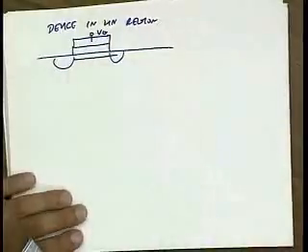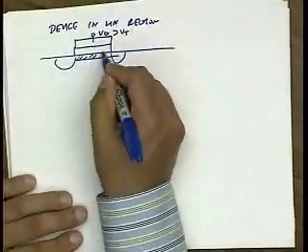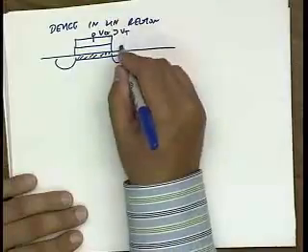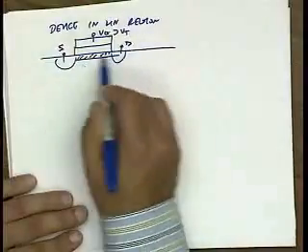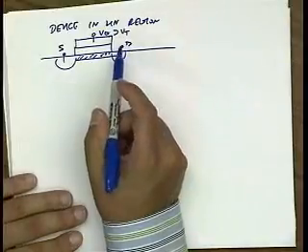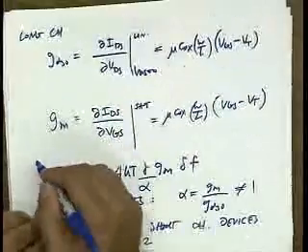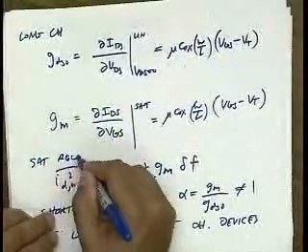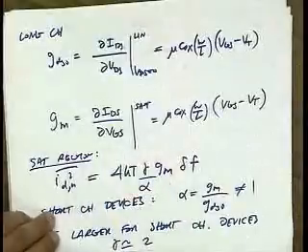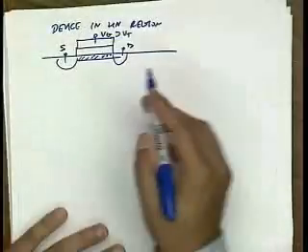Let me apply a gate voltage bigger than threshold, right? So I form this inversion channel. And then this is the drain, this is the source. And this is just a resistor, right? In between these two nodes. So in linear region, I should mention this. This is for saturation region. For linear region, this is simply a resistor, and gamma goes to 1.